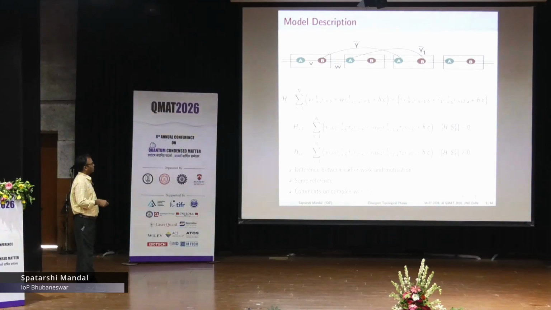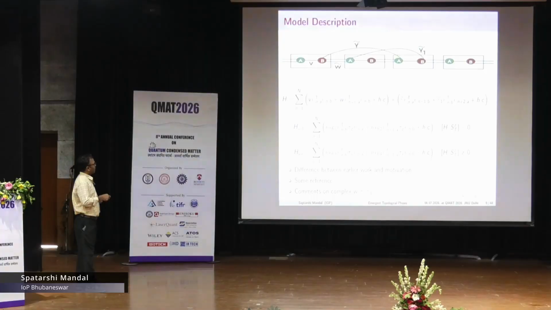So then to achieve our final aim, we added a next to next nearest hopping B to A, which is actually the fourth neighbor. We did not allow any B to B because it breaks the chiral symmetry, and then we cannot have a quantized Zak phase.